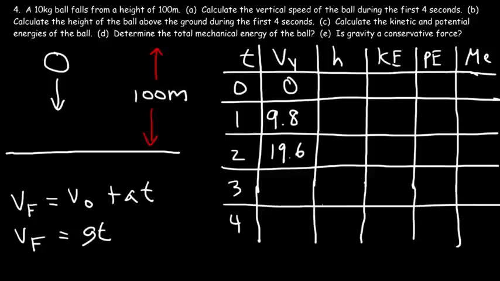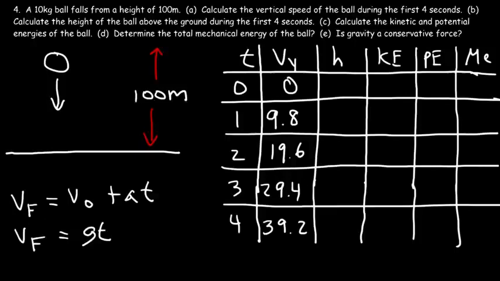And at t equals 3, it's 9.8 times 3, so that's 29.4 meters per second. And 4 times 9.8 is 39.2. So as you can see, each second, the vertical speed increases by 9.8, which is the gravitational acceleration. Acceleration tells you how much the speed is going to change every second.